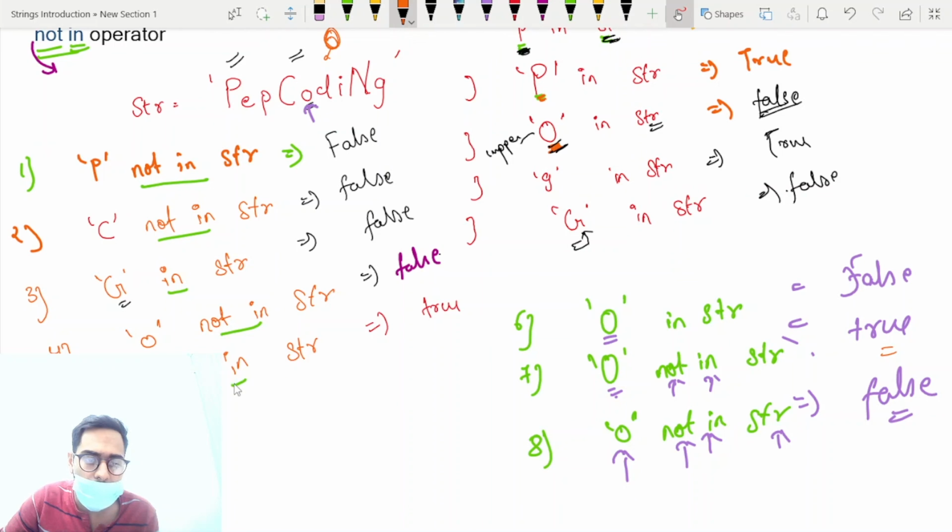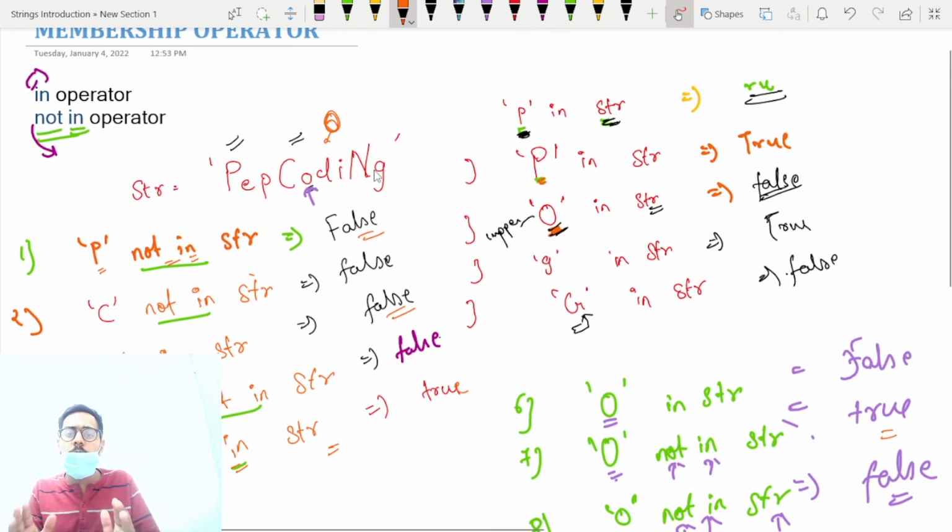Over here, N in str. Yes, N is present in str. It has given you true. G in str. No, capital G is not present in str. P not in str. Capital P is not present in str? No, it is present. So it has given you false.